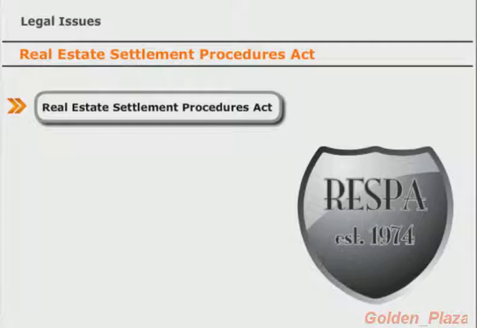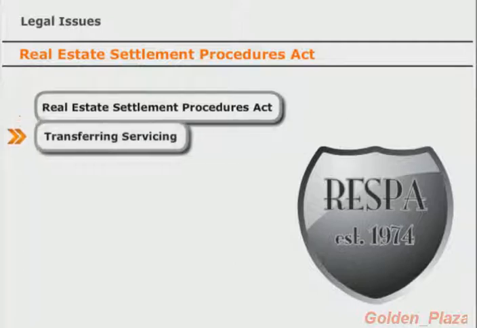It requires certain disclosures to borrowers, and it prohibits certain practices that can drive up the closing costs of a loan. If the loan servicing is transferred, RESPA also provides further consumer protection by prohibiting kickbacks, fee splitting, and unearned fees in return for referrals for settlement services.